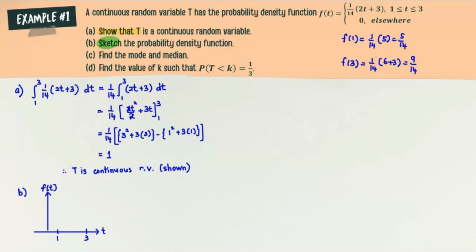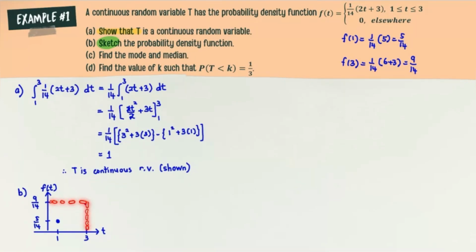Okay, so ini adalah kita punya probability. So the first one is 5 over 14 is smaller than 9 over 14. So apakah shape kita? So when t equals to 1, this will be the probability. When t equals to 3, so kat sini adalah kita punya probability.